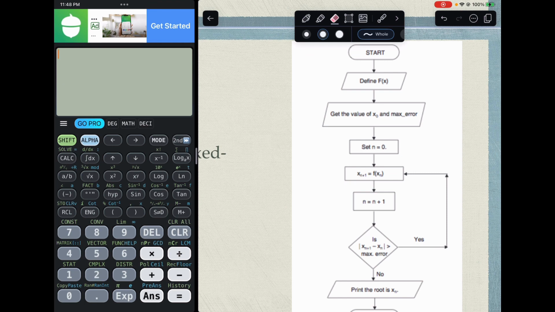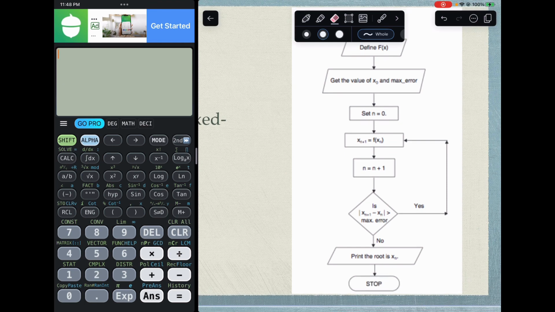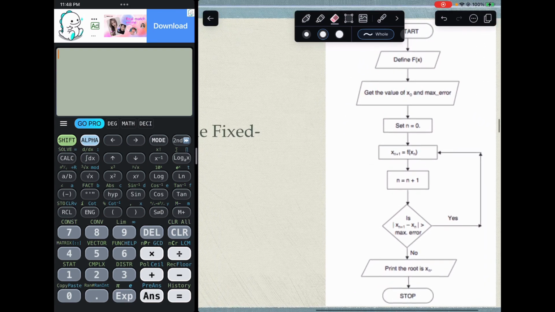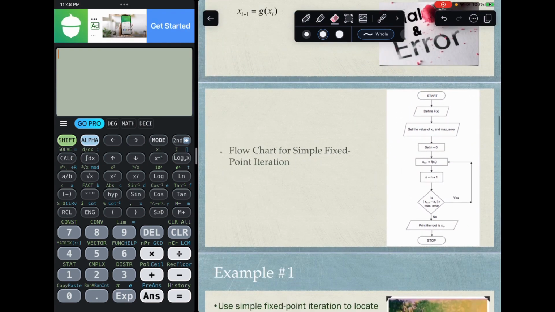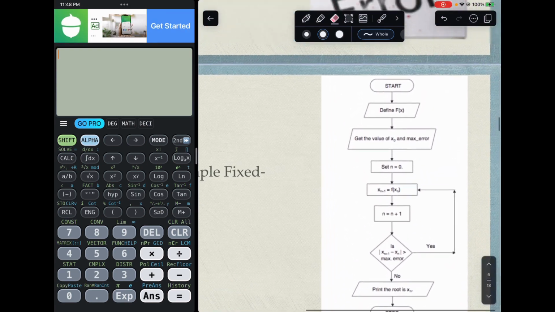If it is already below the maximum error, or the stopping criterion, that is the time we print the root, showing the root of the given function. So that is how the simple fixed point iteration works.